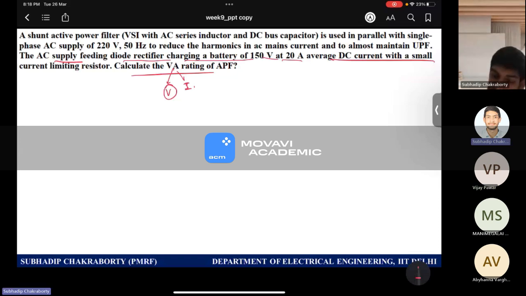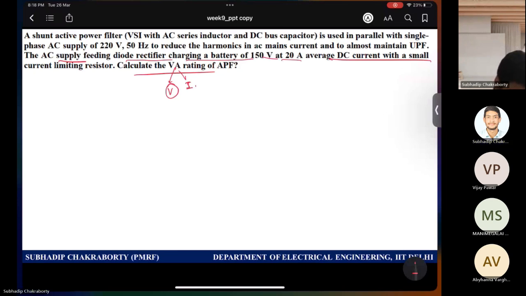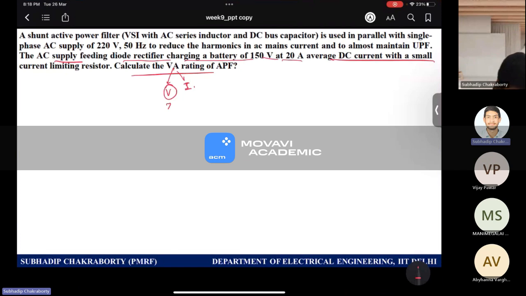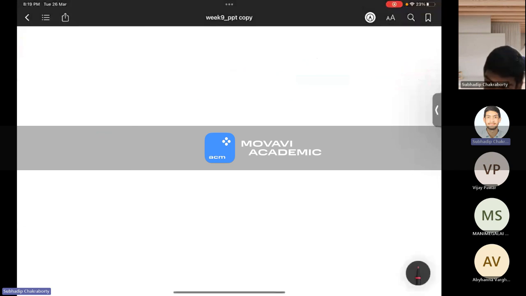So for harmonic current we need the fundamental of supply and the RMS value of supply, because then we determine the harmonic component by RMS minus fundamental. So you need IS RMS and IS fundamental for this kind of load, that is a rectifier based load.